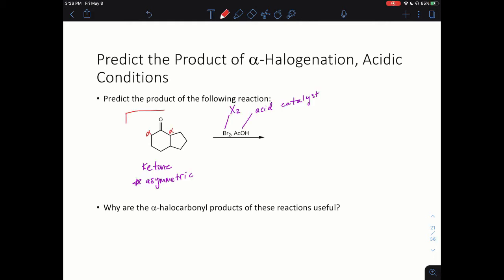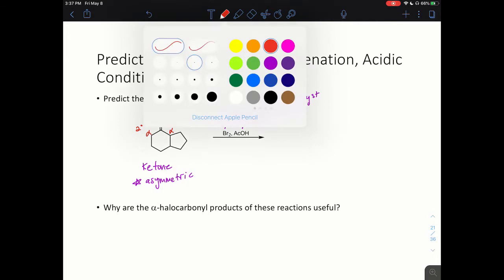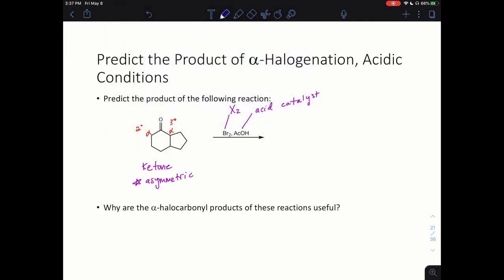This starting compound is an asymmetric ketone, where it has two different alpha carbons. It has a secondary alpha carbon and a tertiary alpha carbon. It's being treated with a halogen and an acid catalyst. So we know that we will obtain an alpha haloketone.